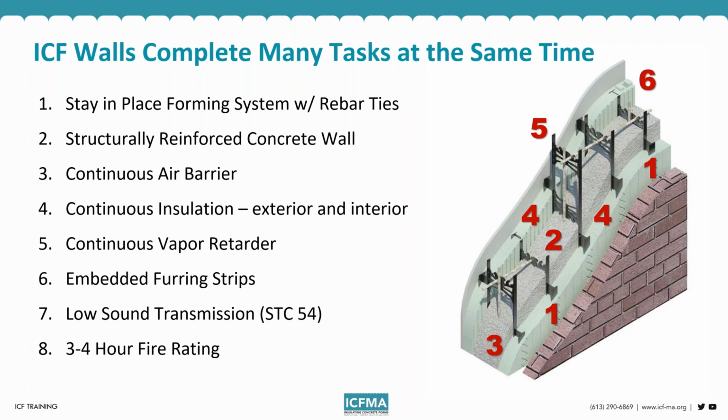So you don't need any house wrap, or a vapor retarder on top of that outside surface, and you also don't need an air barrier anywhere in the system. The system also has the plastic ties, which work as embedded furring strips, and so you have attachments both on the inside and outside of that wall to attach your finishes and also interior finishes like sheetrock, for example.